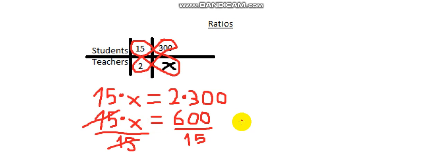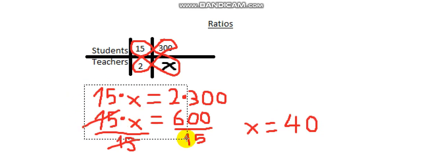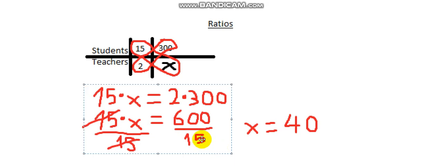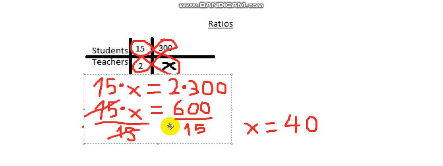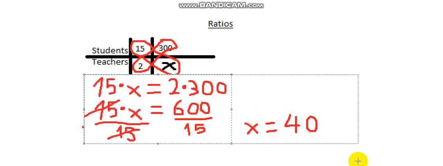And I'm left with x is equal to 600 over 15, which if you calculate that, that's 40. And so I found the unknown, the amount of teachers in the school that has 300 students is 40.